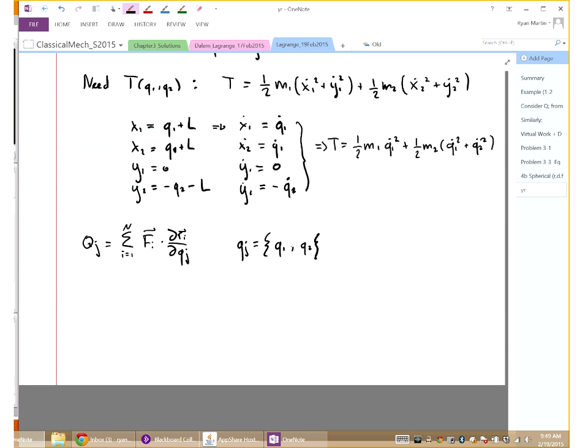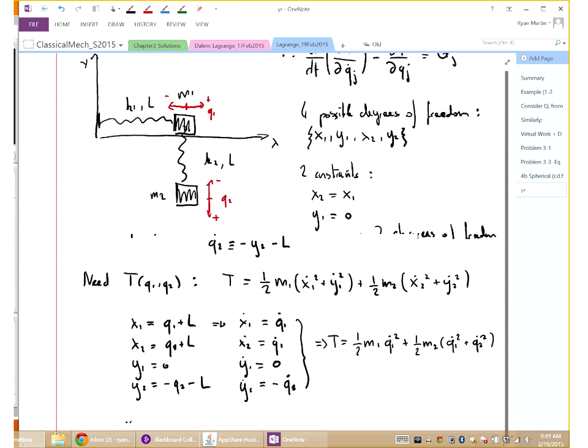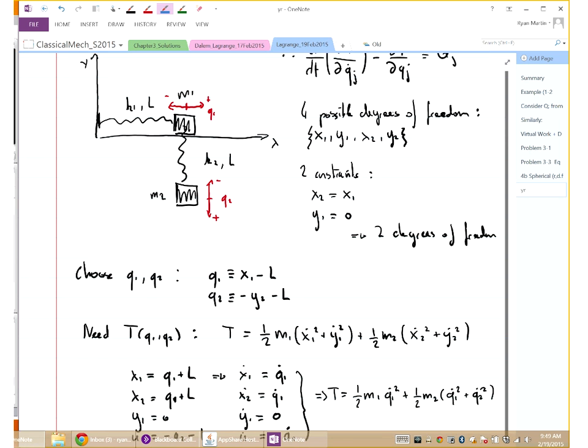So what we need is to identify what forces we have and where those forces are applied. So we have three forces. And again, it's forces that can do virtual work, right? Because all the other ones end up canceling out.